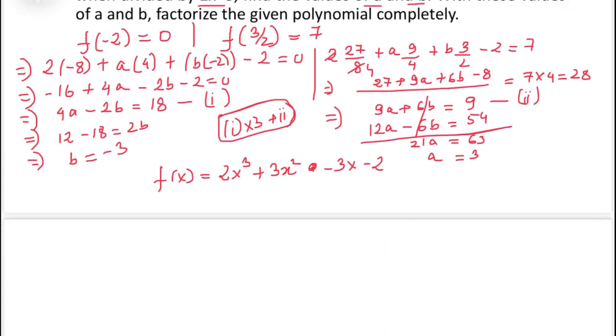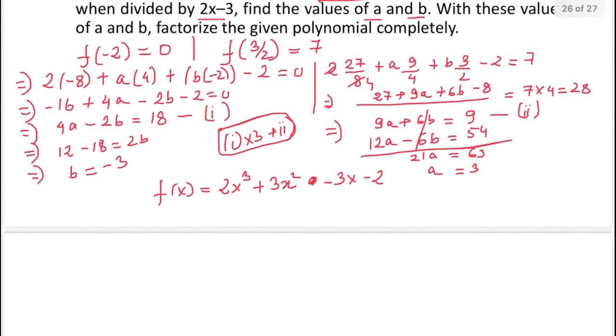So let's divide 2x cube plus 3x square minus 3x minus 2 by x plus 2.